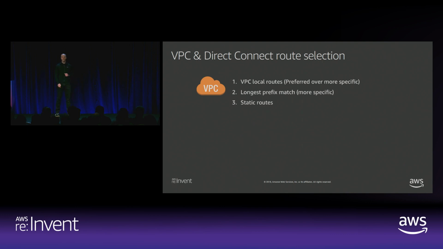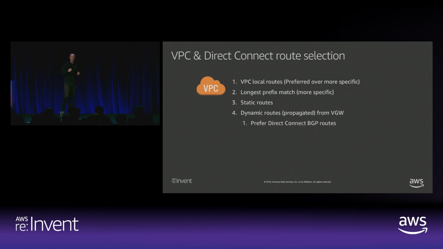Then it's static routes in the VPC route table. Then dynamic routes. These are the routes that are learned from either VPN or Direct Connect when propagation is turned on in the VPC route tables. You don't have to use propagation. You can leave that disabled and rely on statics instead.